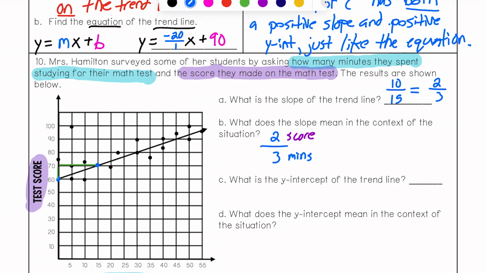So to me, 2 over 3 means that your test score will increase by 2 points for every 3 minutes that you spend studying. We also could have said your test score will improve by 10 points for every 15 minutes you spend studying. Remember, those are equivalent fractions, but we like to talk about the most simple fraction. So again, your score will increase by 2 for every 3 minutes that you study.